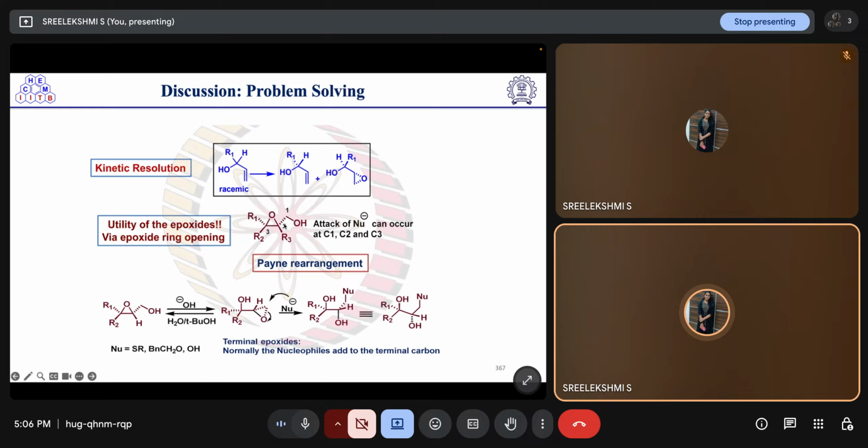What is happening in Payne rearrangement is that, in the presence of a base, this alcohol proton will be abstracted, and that is attacking over, that is opening this epoxide, forming this particular epoxide. Then the nucleophile will attack at this position and open this epoxide to form this compound. Mostly in the case of terminal epoxides, normally the nucleophiles add to the terminal carbon and we will get this particular compound. So that is known as Payne rearrangement.